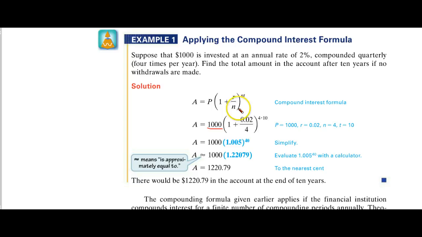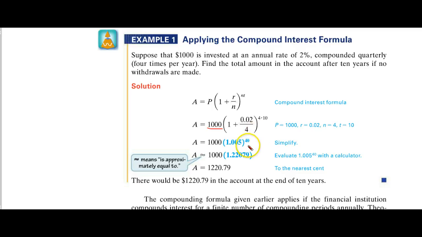And now it's quarterly, so we put the 4 there. And then in the exponent, the number of times compounded is 4 per year, and it's for 10 years. So this is going to be a 40.